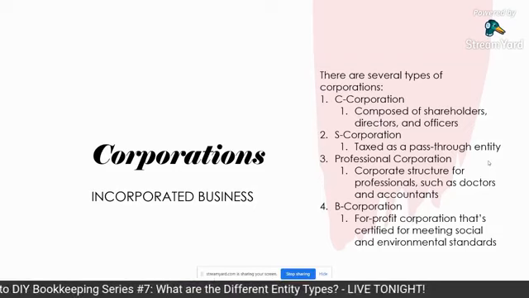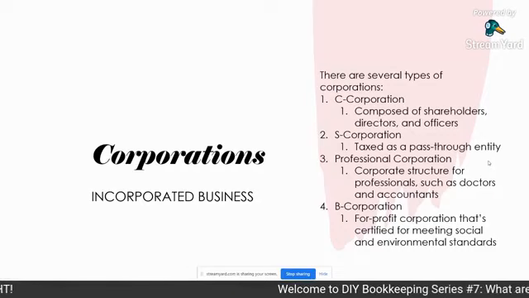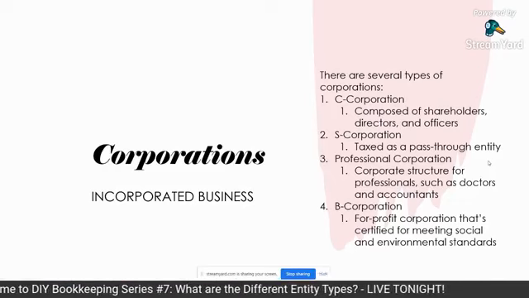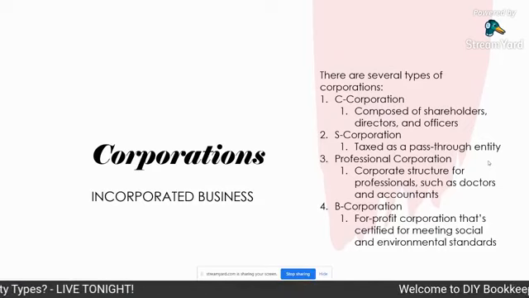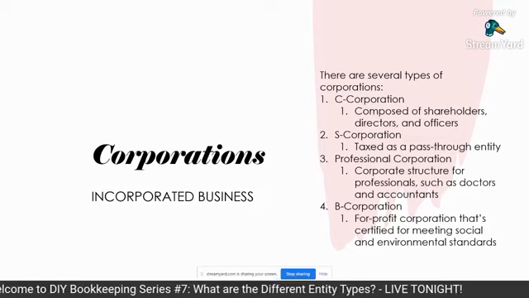We have an S corporation, which is taxed as a pass-through entity. A professional corporation, just like the professional limited liability partnership, is for professionals such as doctors and accountants. And a B corporation is a for-profit corporation that's certified for meeting social and environmental standards.